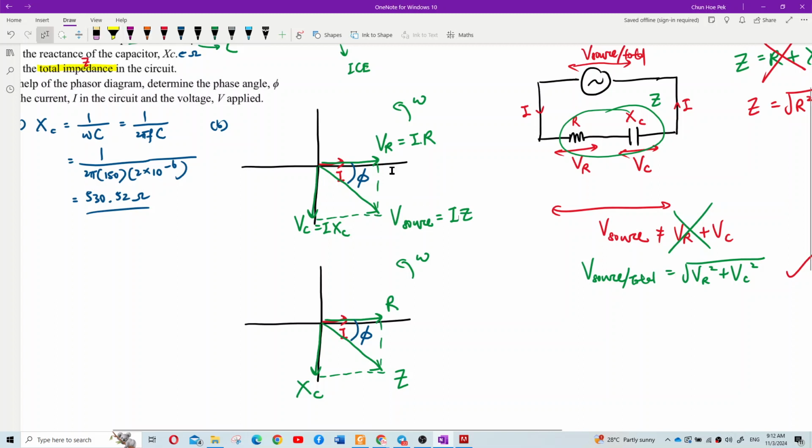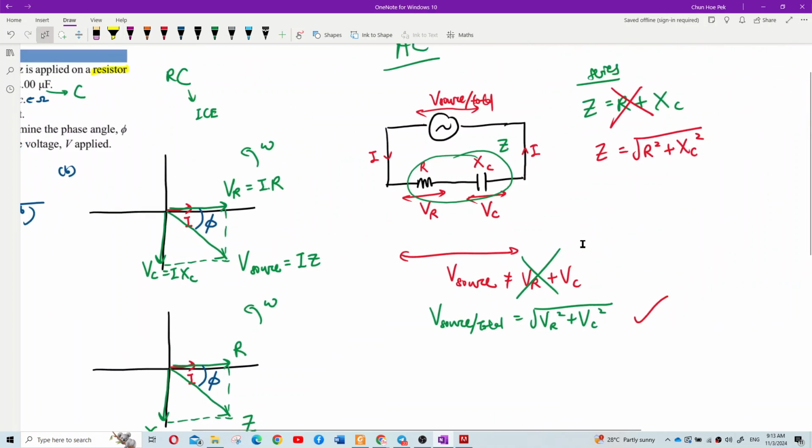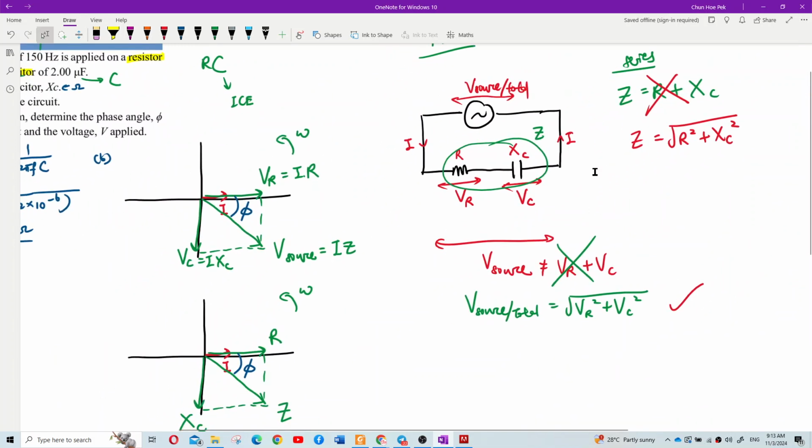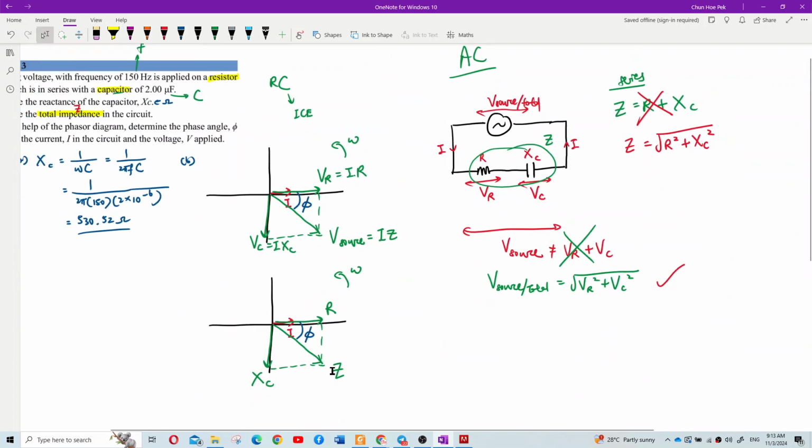Understand? VR is IR. VC is IXC. V source is IZ. Because total voltage is like total impedance. Macam tu lah. So kita boleh tukar VR kepada R, VC kepada XC, V source kepada Z. So untuk cari Z, kita tak boleh tambah terus R tambah XC.